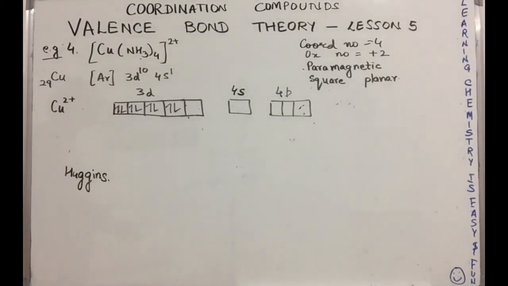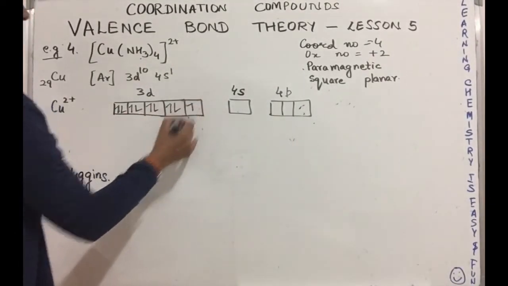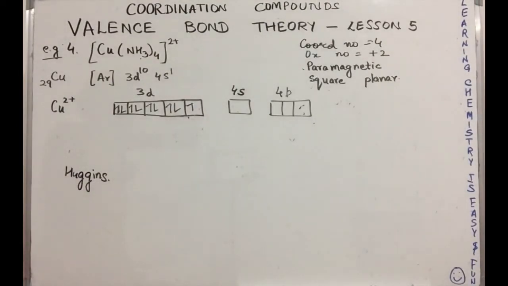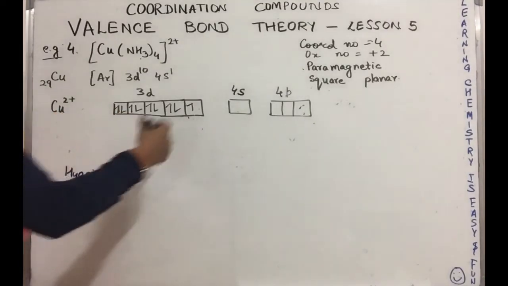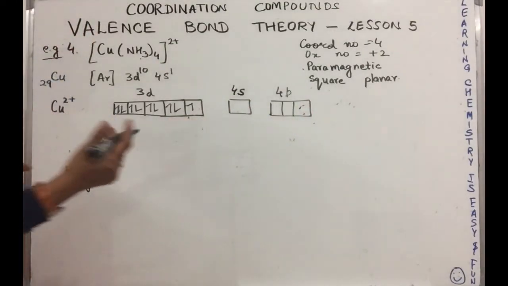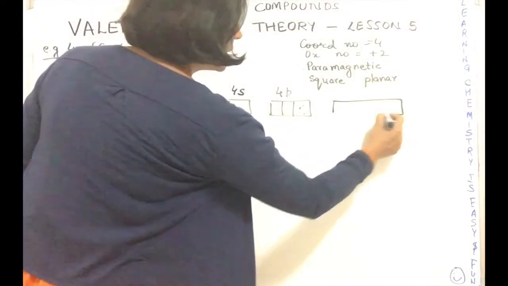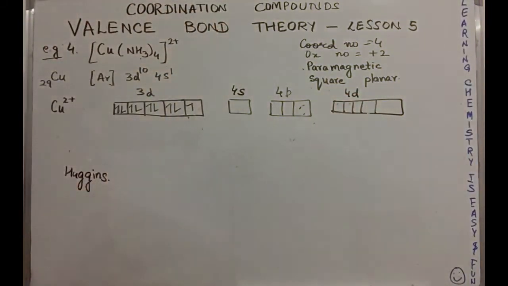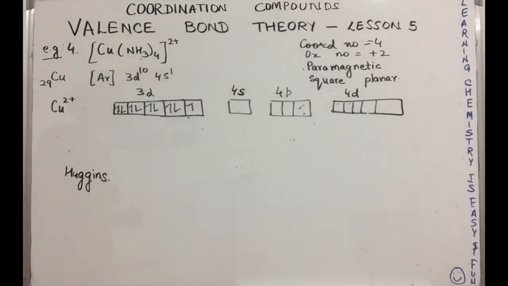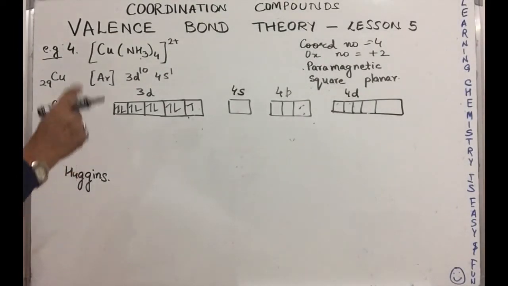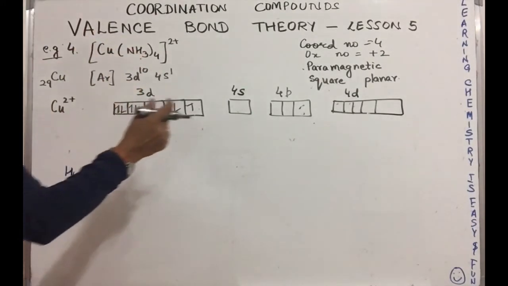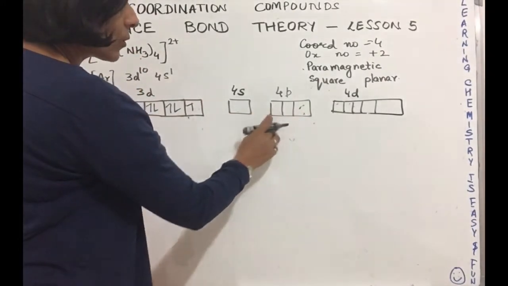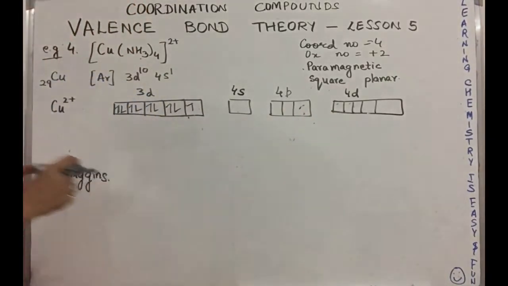Let the unpaired electron remain. Don't touch it. But you want square planar, so that means you want to involve a d orbital. Then why are you bothering 3d? Why don't you look up? Why don't you go a little bit ahead? And why don't you ask the orbitals of 4d to participate?